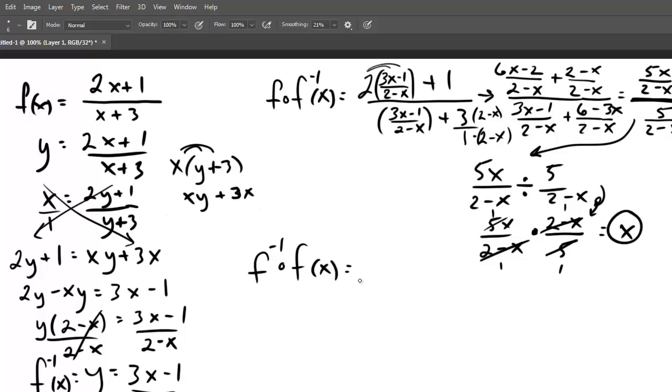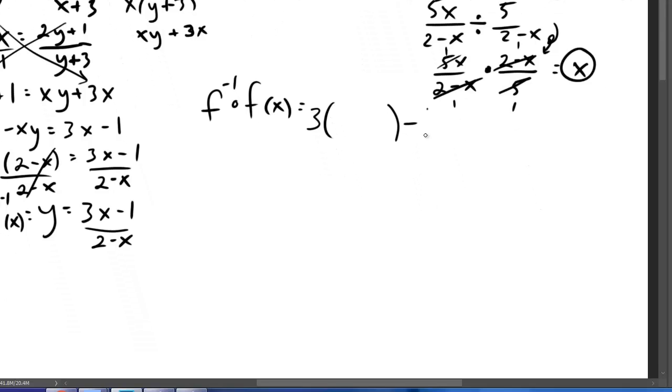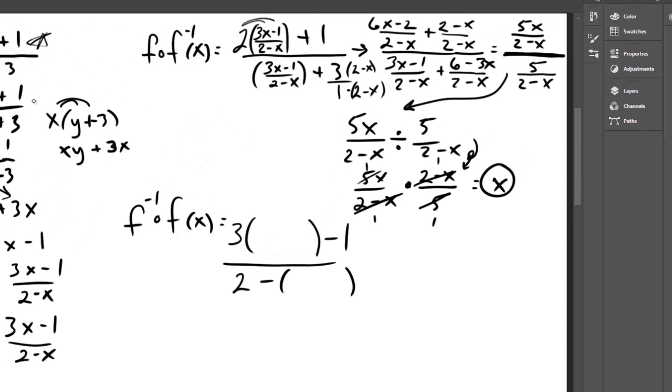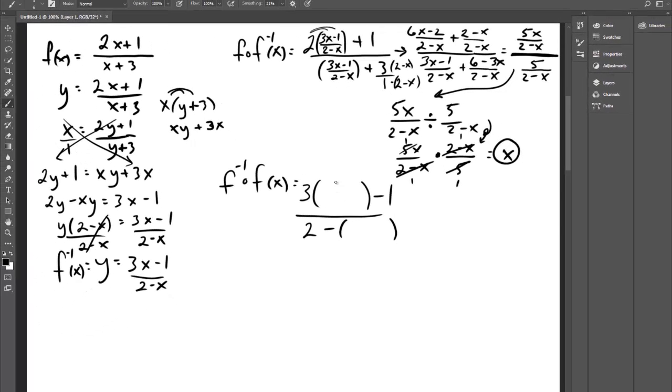So we say 3 big parenthesis minus 1, I'm just copying this, over 2 minus big parenthesis. Now, inside of that, goes our original function, so that is going to be 2x plus 1 over x plus 3.